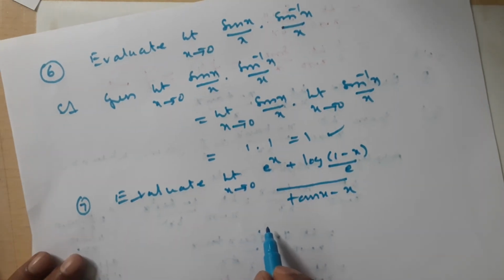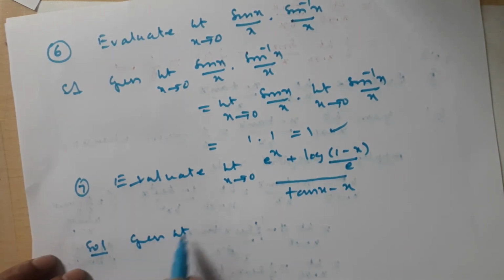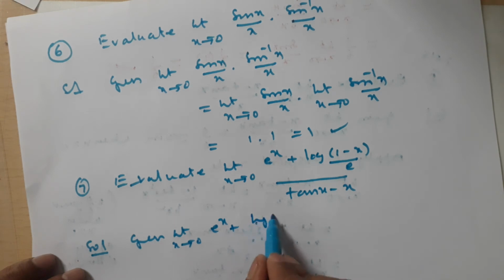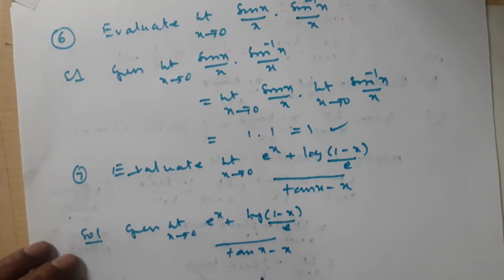Solution. Given limit x tends to 0 of (e power x plus log of 1 minus x divided by e) whole divided by tan x minus x.